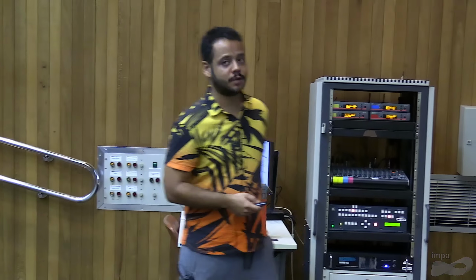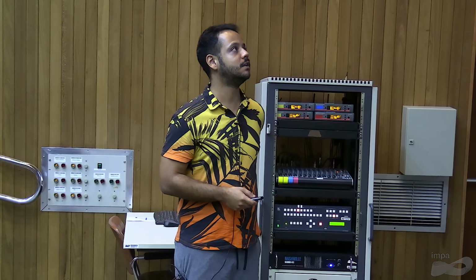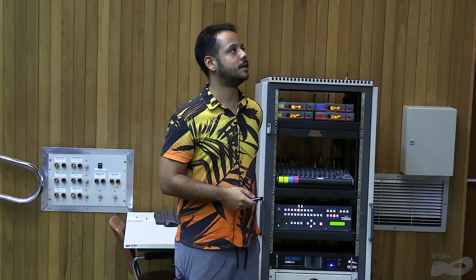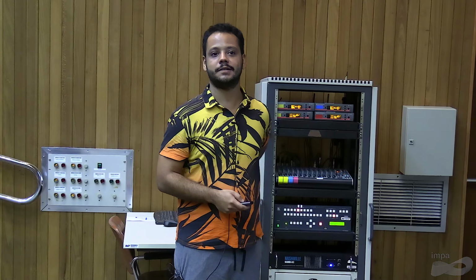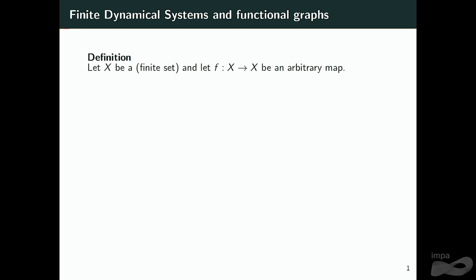So this talk is about a counting problem on digraphs over finite sets. First I'll just start with the concept of finite dynamical systems. Basically we have a finite set, X, and then a map from X to itself.